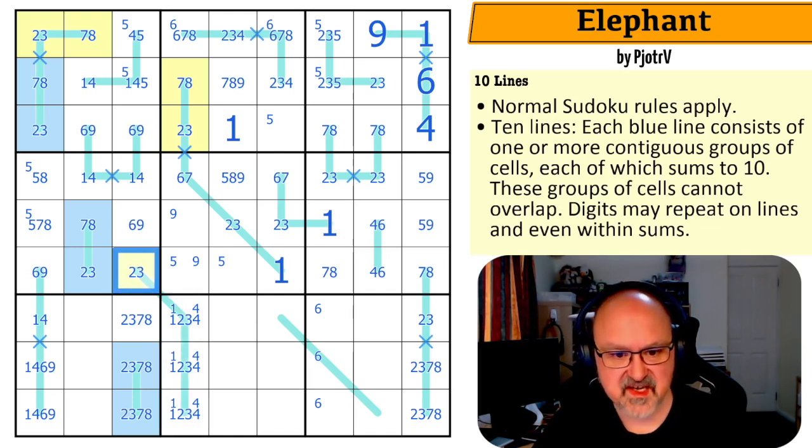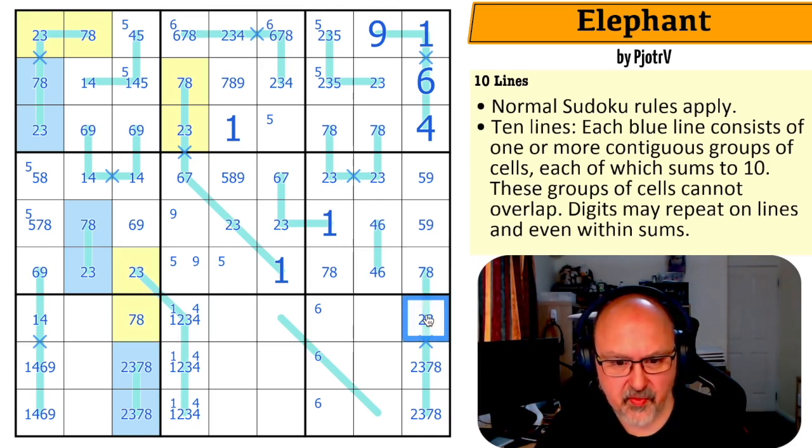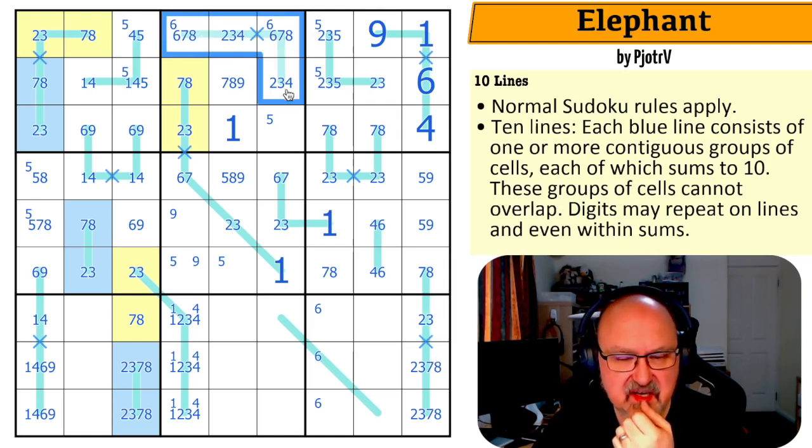Well, we know this is a yellow 2, 3, but that doesn't tell. So this is a yellow 7, 8. Don't know what that is because I don't know what that is. This has kind of run dry on 2, 3, 7, 8s, hasn't it? Whichever one is in here is blue.